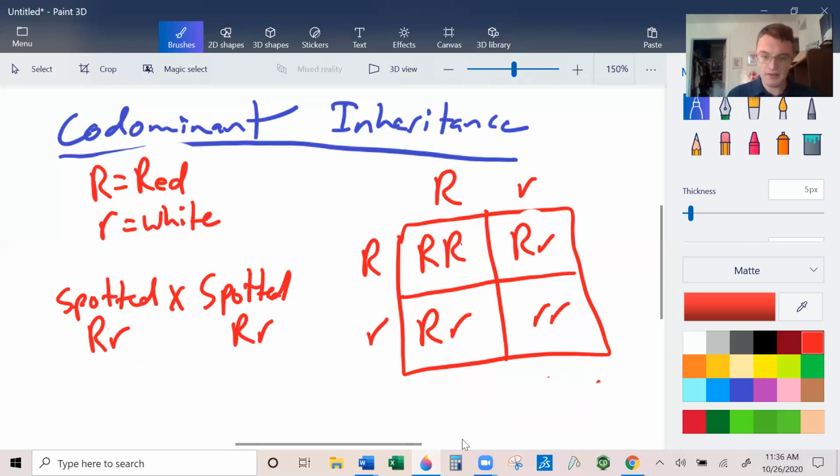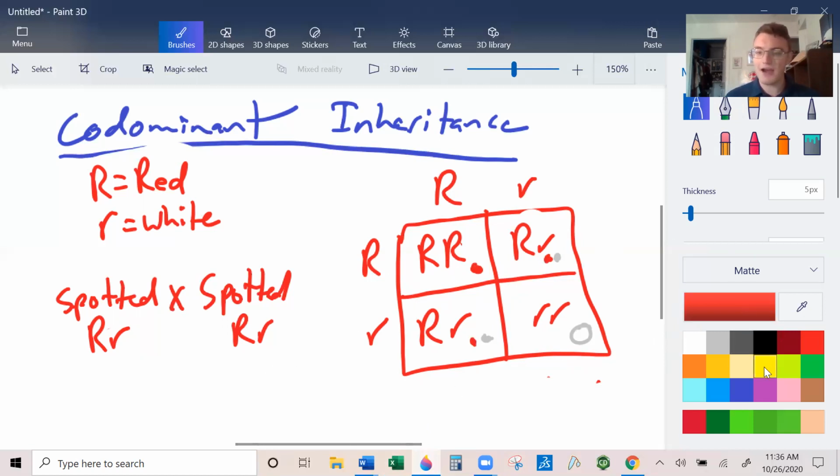Now, because there are three possible phenotypes here, you actually have to state the phenotypic ratios of all three colors, because I have all three colors present, right? This one up here, that's going to be red. This one down here, that's going to be white. And these down here, these are going to be red and white spotted flowers.